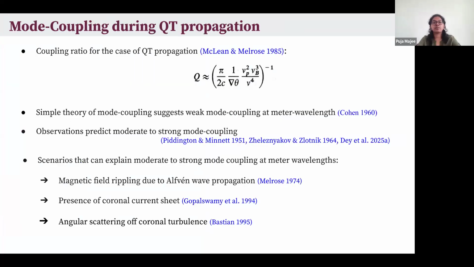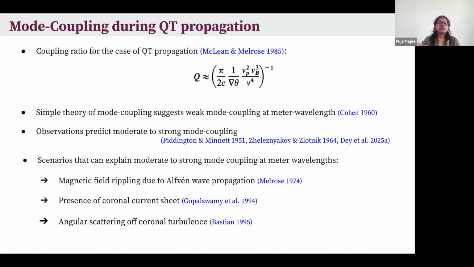This is typically how the coupling ratio, the Q parameter, is defined, but I won't go into the details of it. What I want you to remember is that many reports have shown that, under particular scenarios in the meter wavelength, there can be a moderate to strong coupling medium, which means that at heights in the solar corona of about two solar radii and so on, we also expect a moderate to strong coupling regime.